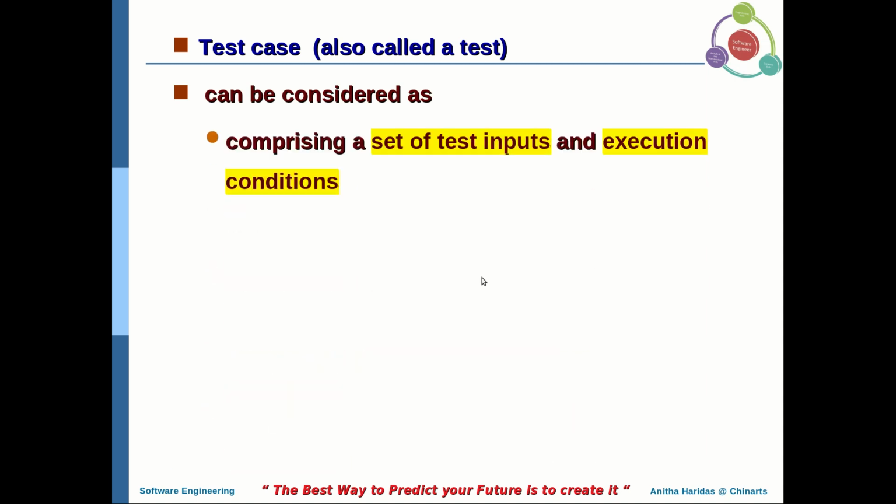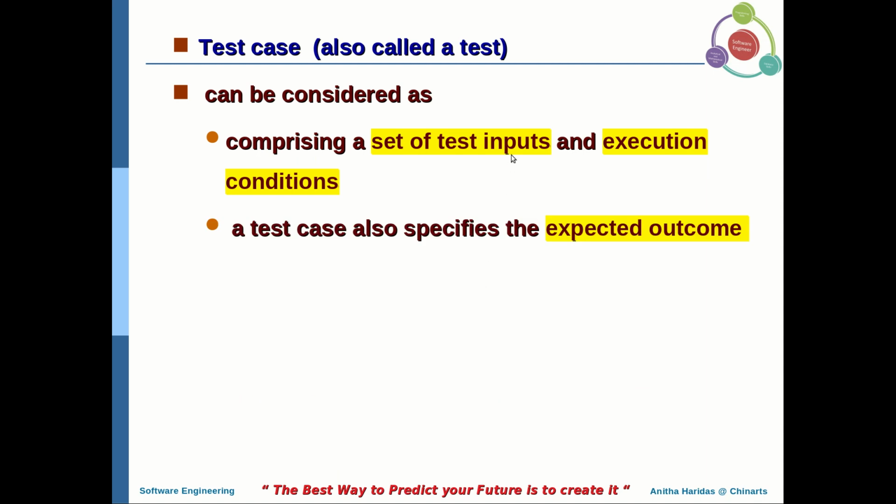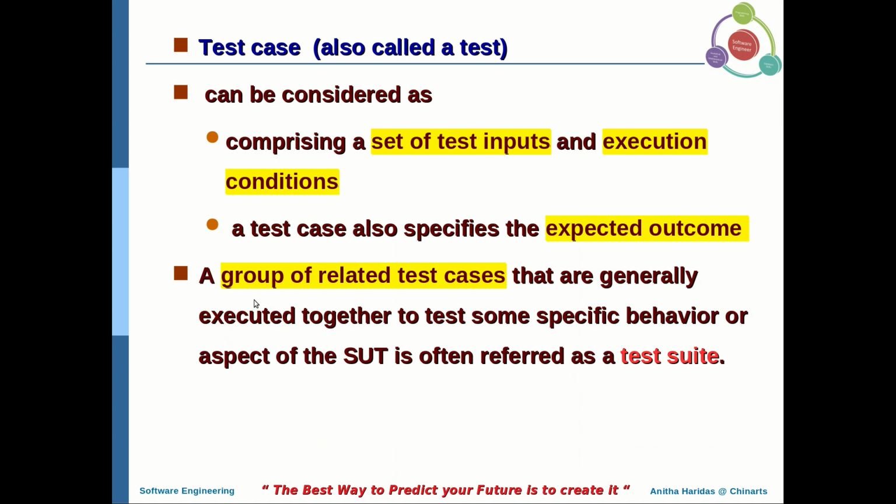So your test case can be considered as comprising a set of test case inputs, execution conditions, and expected output or outcome. So these are the three things you will have in your test case, and a group of related test cases that are generally executed together to test some specific behavior or an aspect of software under testing is often referred to as a test suite. So test suite is nothing but a collection of test cases that are all related test cases. That is what you call a test suite.